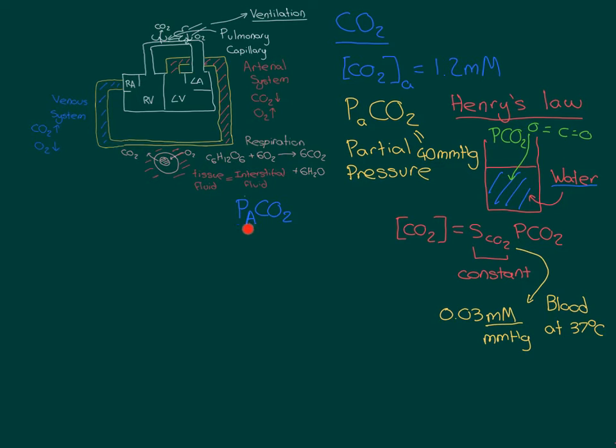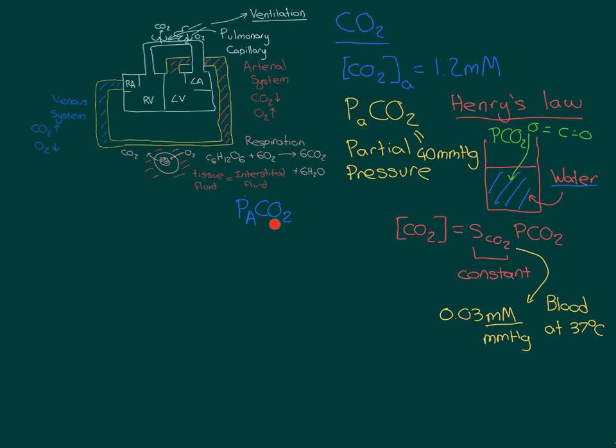Whereas this one, with the capital A, this means the actual partial pressure of CO2 in the gas that is in the alveoli. But of course, these two things are going to be equal to one another because the arterial blood has just come from the pulmonary capillaries. So how much CO2 is now dissolved in this blood? Well, it will be the amount that will be in equilibrium with the partial pressure of CO2 that is in the alveoli.